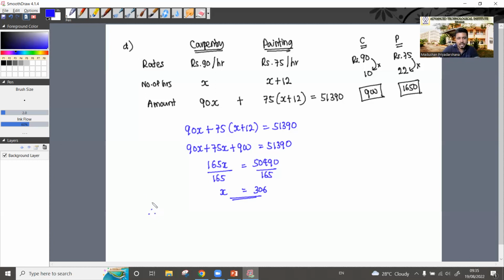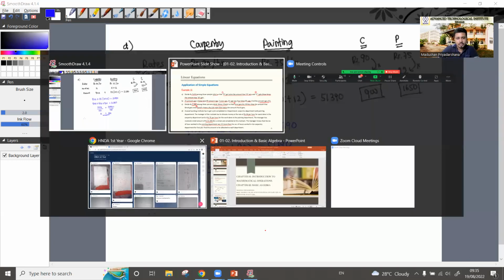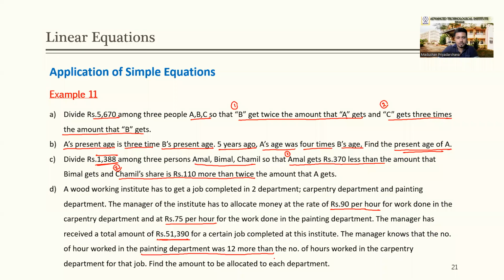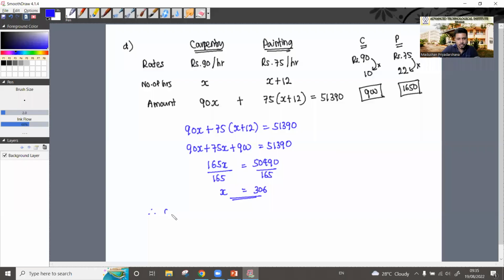So here we have been asked what? The amount that needs to be allocated to each of these two departments. Therefore, for the carpentry department, what should be the amount that we need to allocate? That is 90x, 90 into x, 306. In rupees, what should be the value? That is 27,540 rupees.